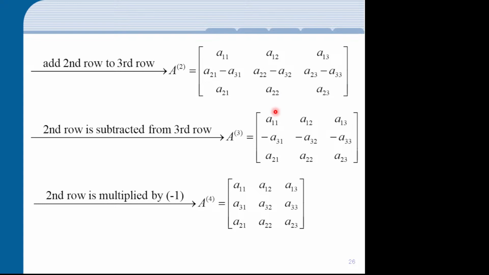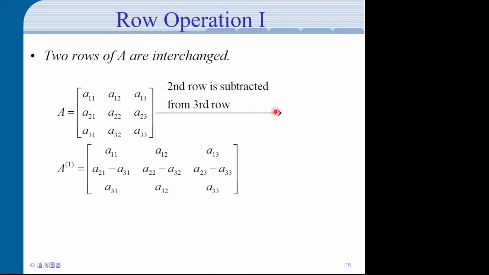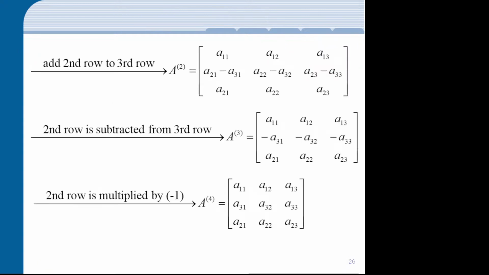Okay, so maybe let's write things down in a little notation. We think of A as its rows, so we have A1, A2, A3, those three row vectors. Here we subtract, so we have A2 minus A3 here, and A3 down here.